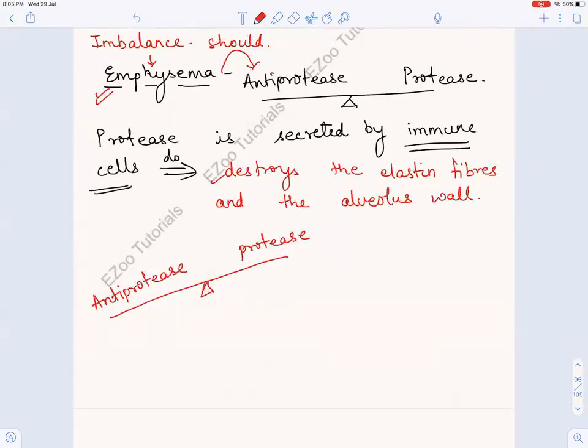So there is destruction of elastin fibers and the alveolus wall, because there is an increased protease activity in emphysema. So till now you are with me. Now we'll see what is happening.